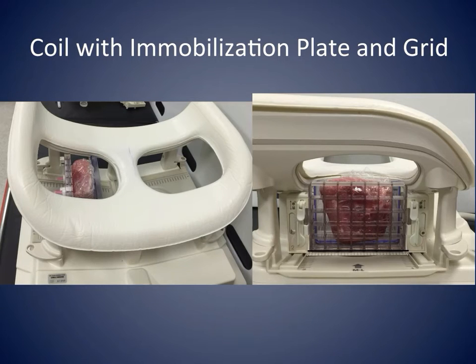Most MR-guided breast biopsies are performed with a grid system as opposed to a pillar post. These images show a breast phantom immobilized within a plate and a grid. A grid shown on the right is composed of multiple squared openings outlined by rows and columns evenly spaced.